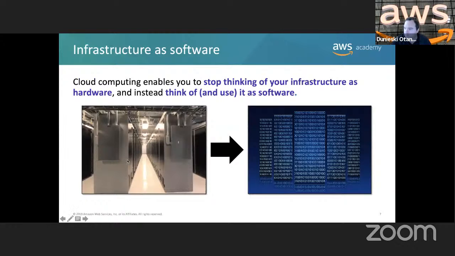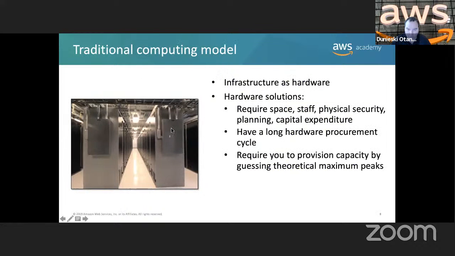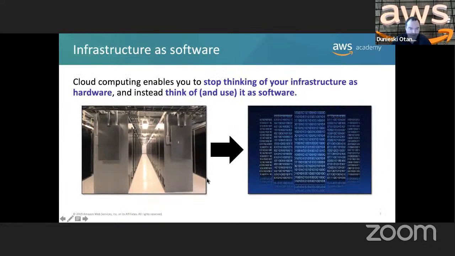Now, one of the things that you can do when you are in the cloud is that you don't have to worry about hardware. Hardware is not a concern anymore, okay? Very important. When you work in an office on premises, right?